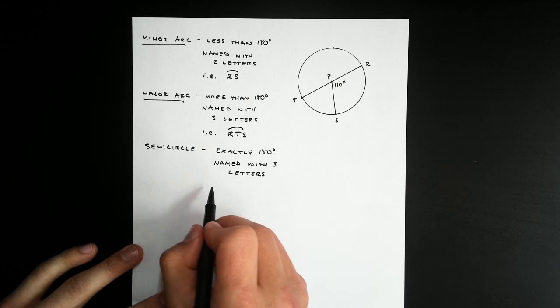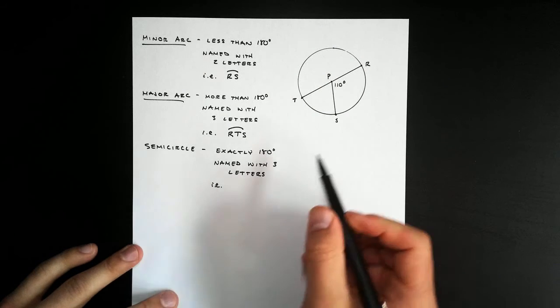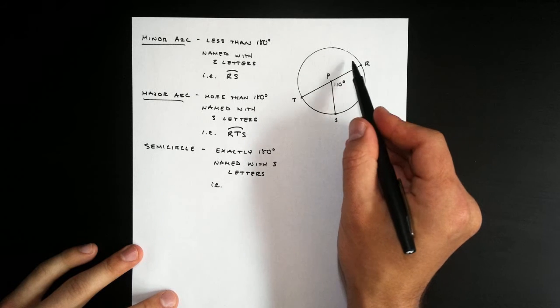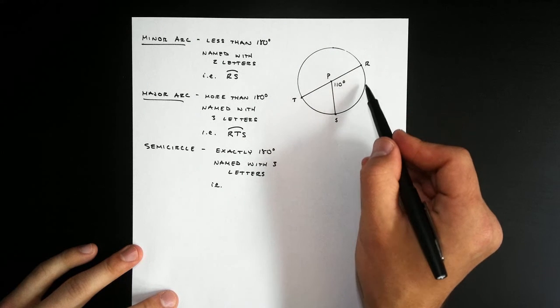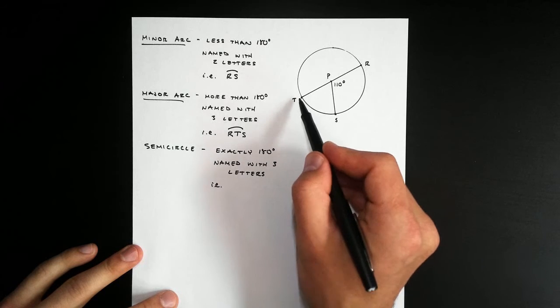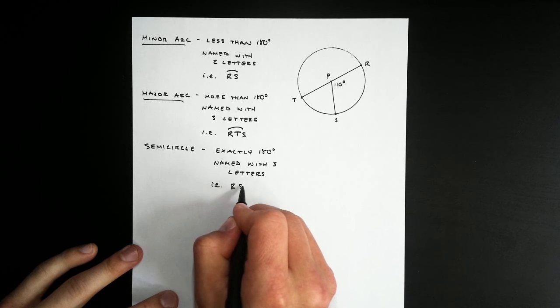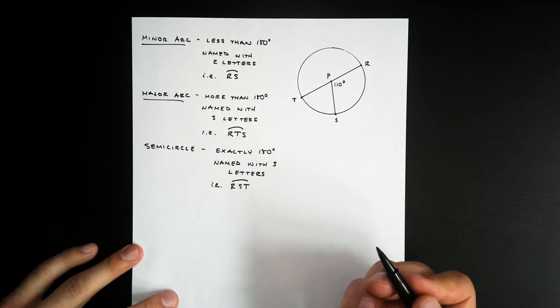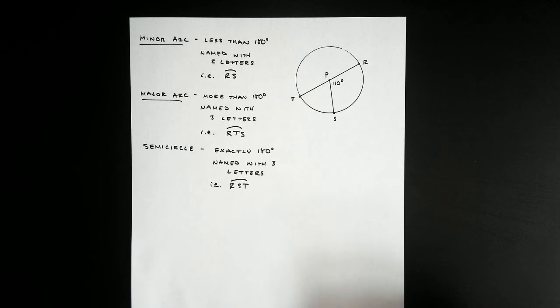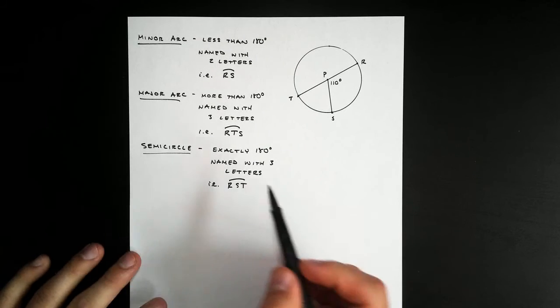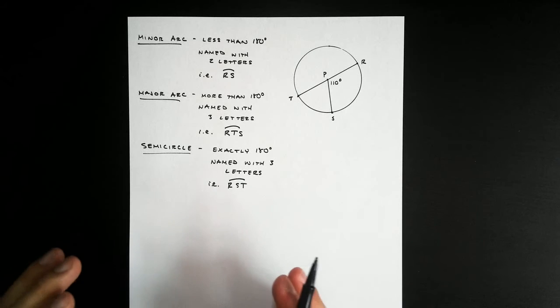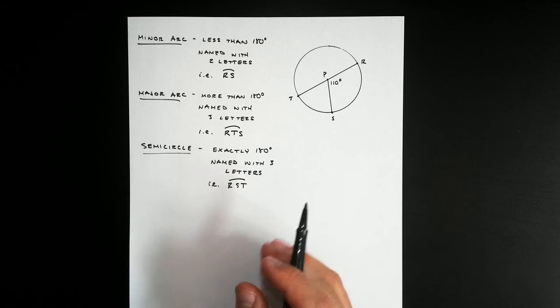But most of the time we want to do 3 letters. So in this case, if I want to name a semicircle, I could say from R to S to T. R, S, T. Okay, so just a little bit about what each of those are, a little bit about the notation.